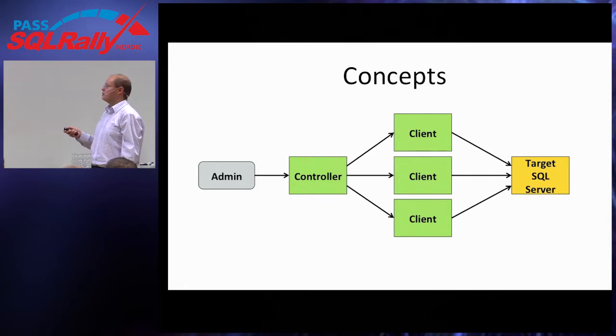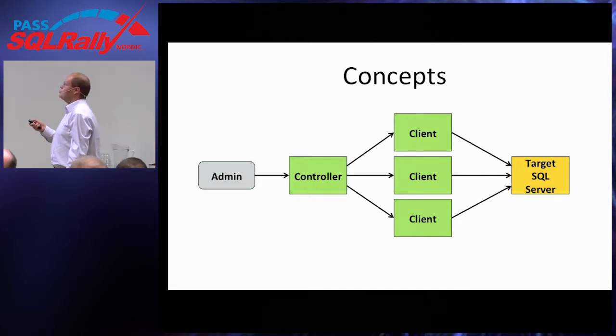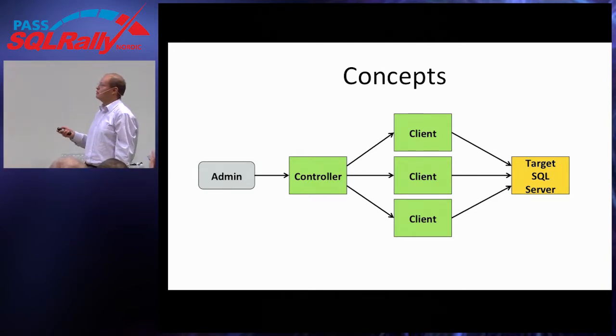Then we have the so-called controller. The controller is a deployed Windows service. So the controller just coordinates the various clients that we have. As I've mentioned earlier, we can have up to 16 different clients. In our scenario, we're just using one client. So when we are starting the replay, the controller distributes the captured workload across the various clients.